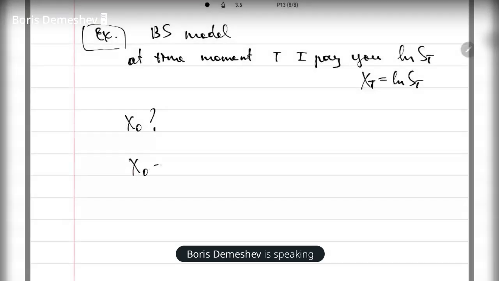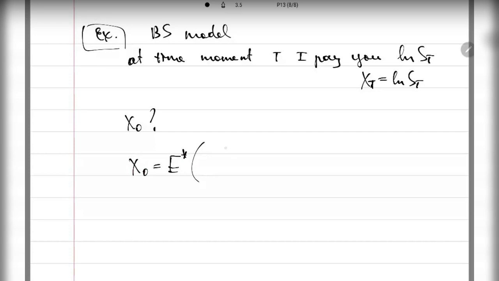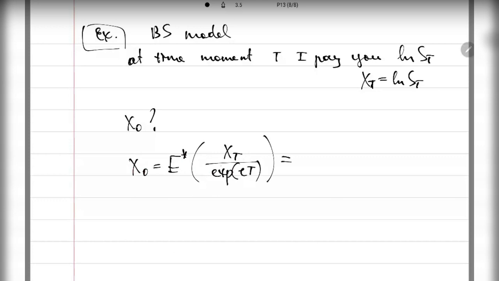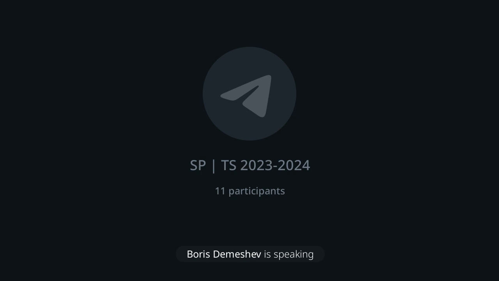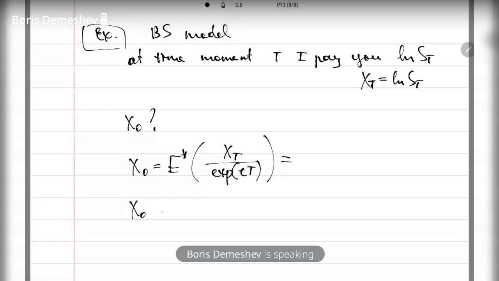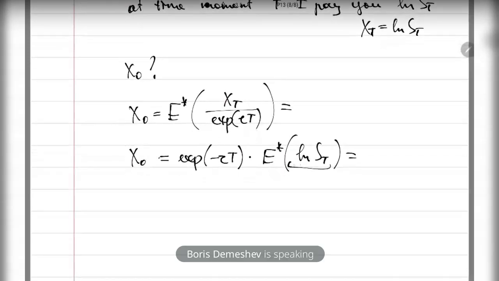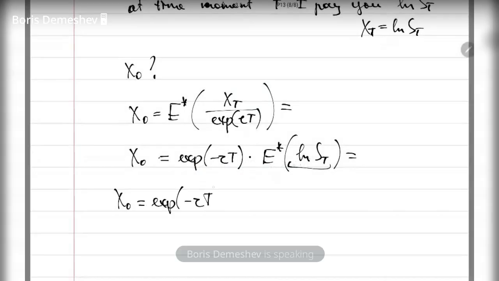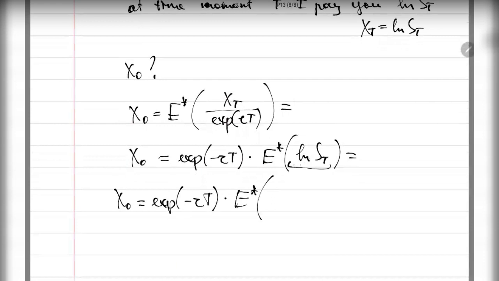When I say X0 is just the expected value of Xt divided by exponent rT, we discount the final payoff. So X0 is equal to exponent minus rT times the expected value of log ST, but we can calculate log ST, that's not a problem.